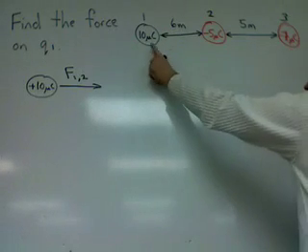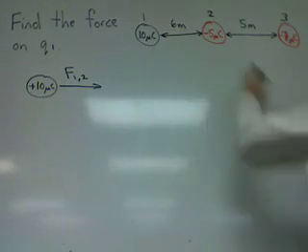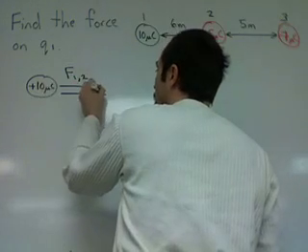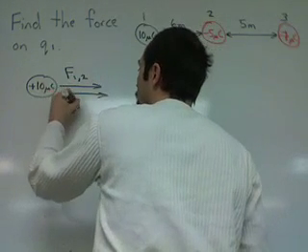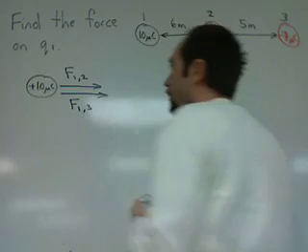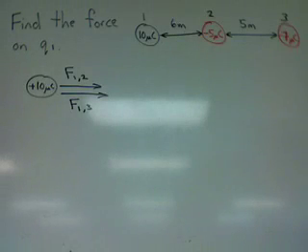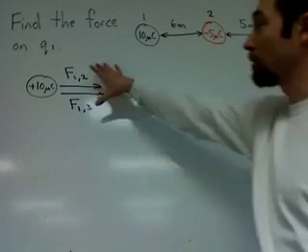That means the force acting on this one is also going to be to the right. So I'm going to have another force going this way, and this would be the force on 1 from 3. So I have two different forces acting that way. Hopefully my free body diagram makes sense.